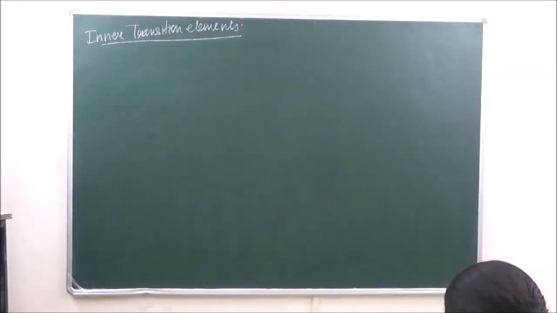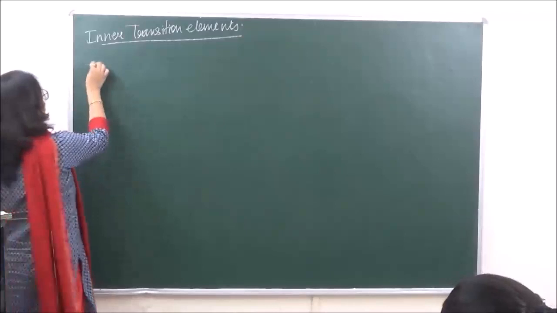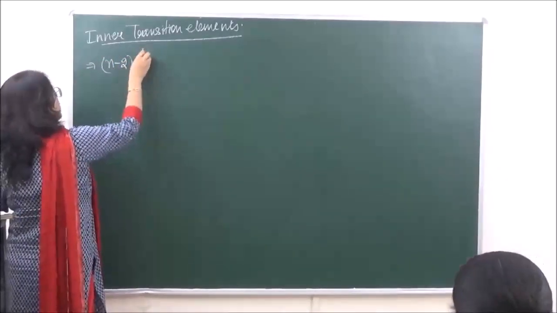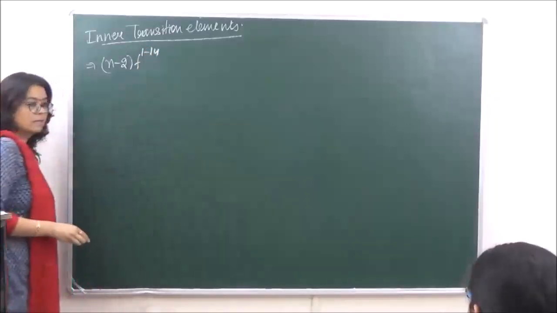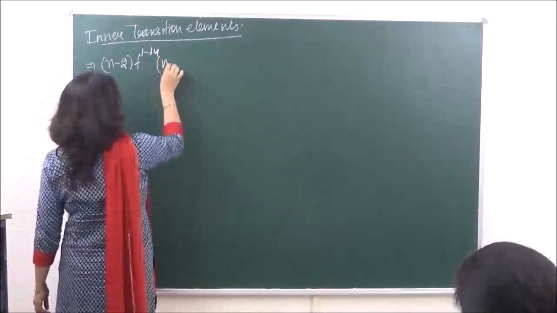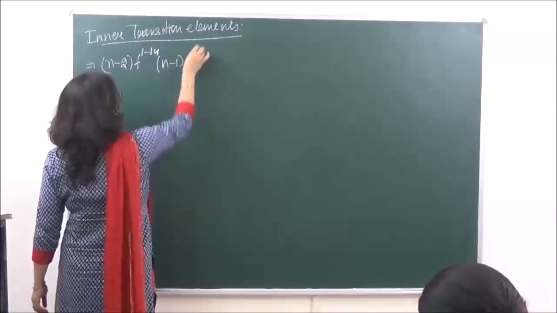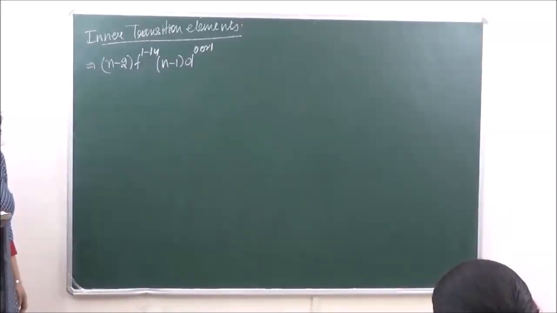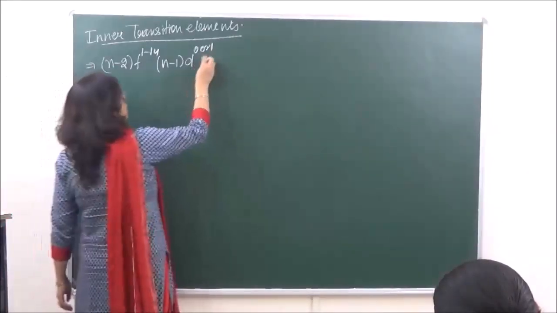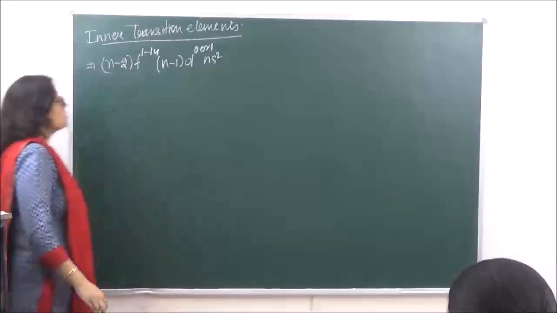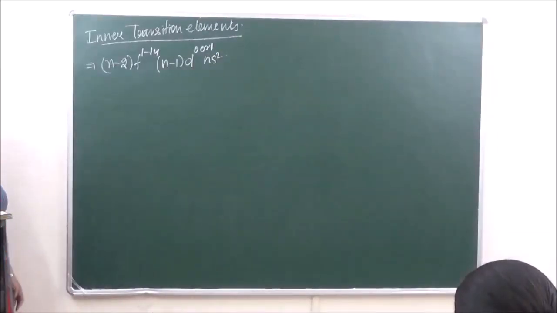The inner transition elements have the general electronic configuration (n-2)f1-14, (n-1)d0-1, ns2. So this is also known as F block elements.